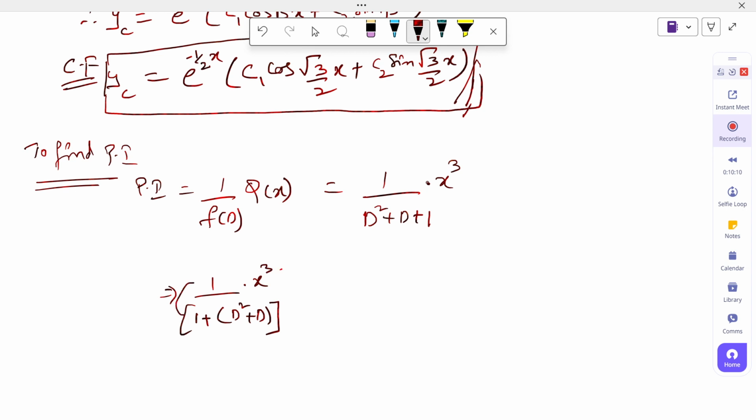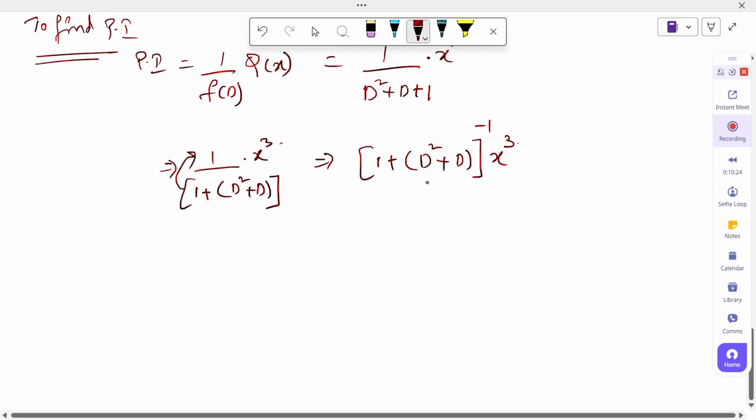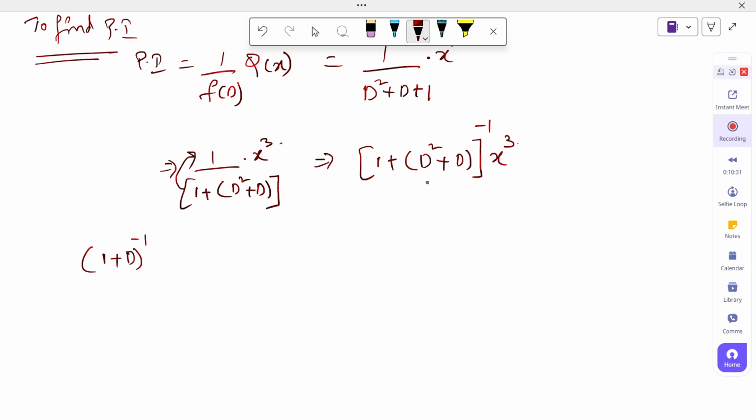Now I will take this to the numerator so that it becomes 1 plus D square plus D whole to the power of minus 1, x to the power of 3. By using the binomial expansion, we can open this. The formula: 1 plus D whole to the power of minus 1 is equal to 1 minus D plus D square minus D cube plus and so on.